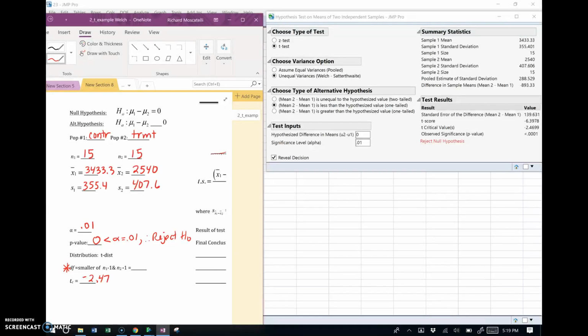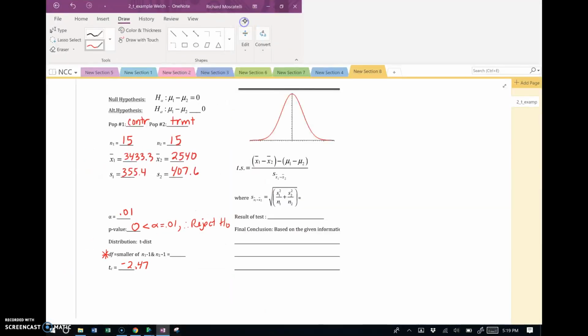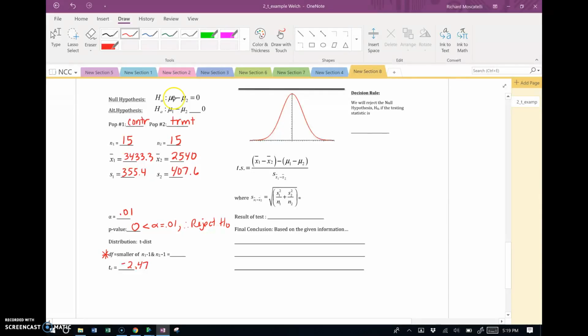All right, so let's go ahead and finish labeling our picture. So now remember, we're going to be doing a less than scenario. So let me blow this up. So remember, JMP is doing it in the opposite direction. JMP is taking 2 and 1, so I'm going to adjust that. And we are doing a less than test, a left-tailed test. So let me shade that region over here.